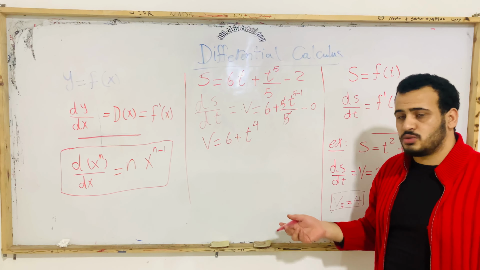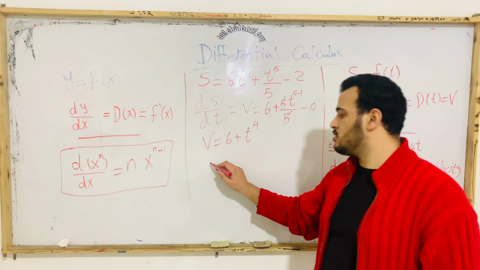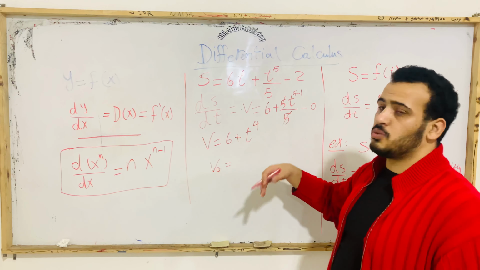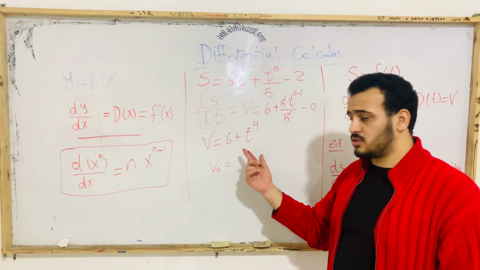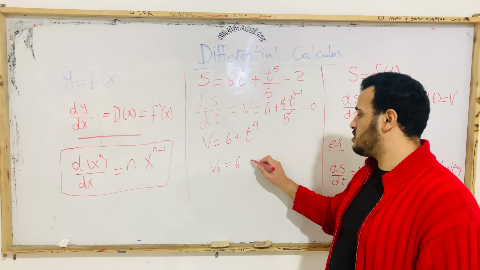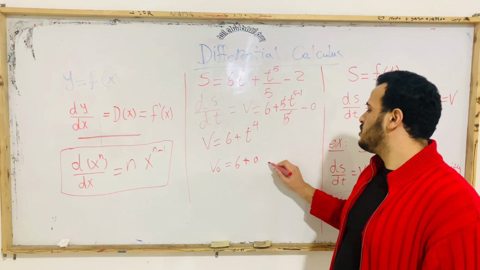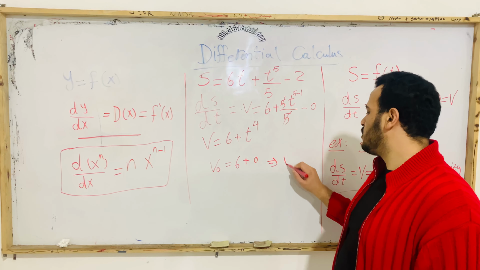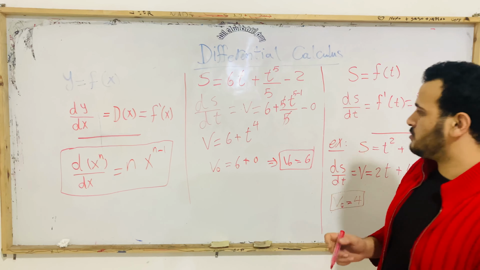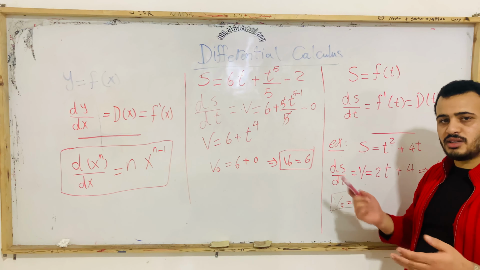If we're trying to get the v naught, or initial velocity, we substitute every single t with 0. So 6 as it is plus 0 is going to be equal to v naught equals 6 only. That's it.